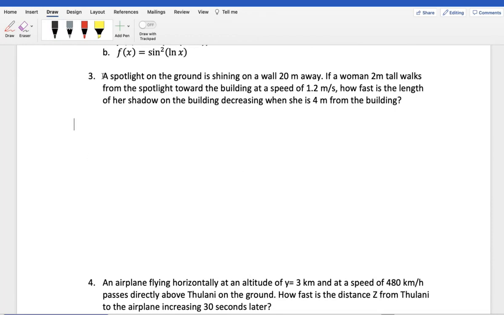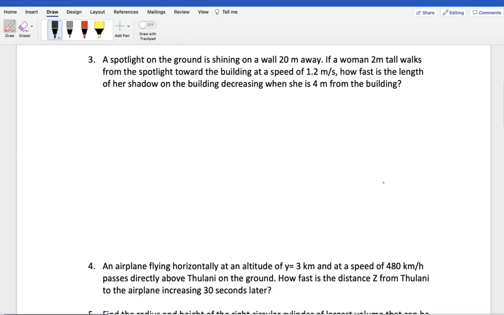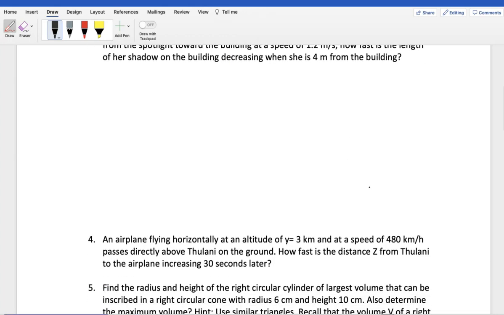So let's look at question 3. It's telling us that a spotlight on the ground is shining on a wall that is 20 meters away. So if we were to draw this, let's assume that the spotlight is somewhere here.